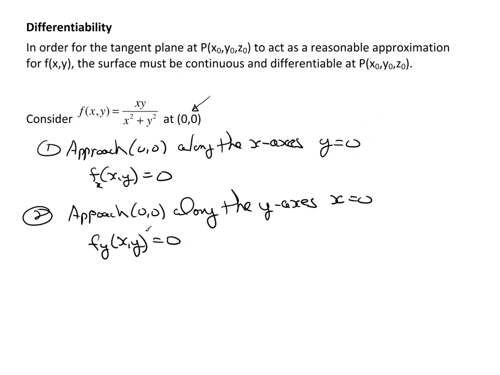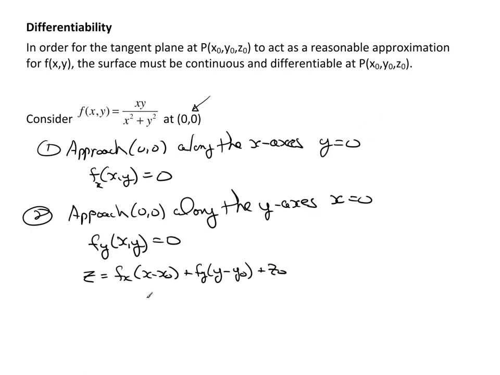Based on this, if I were to now go ahead and do a linear approximation, this tangent plane approximation, it would be 0. Because what we'd have is z equals the partial with respect to x times x minus x naught, plus the partial with respect to y times y minus y naught, plus z naught.